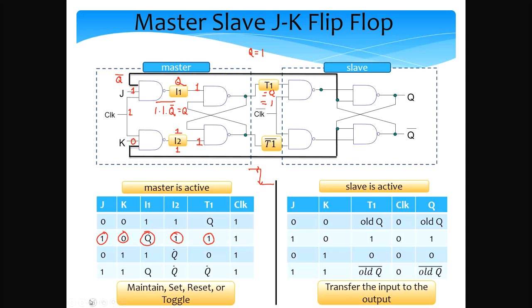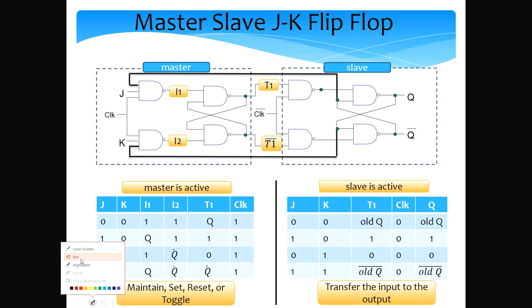Now let's consider the next combination, in which J is equal to 0 and K is equal to 1. What this allows is that we can nicely set the value of I1 to be equal to 1.